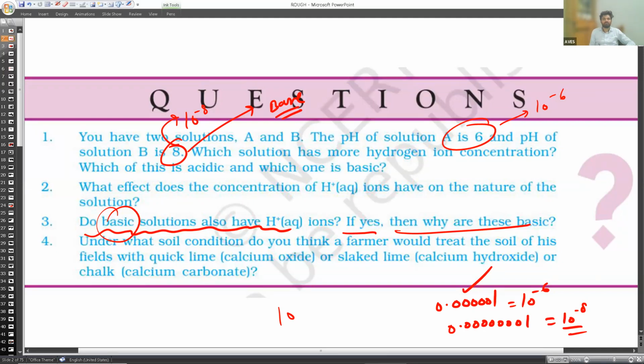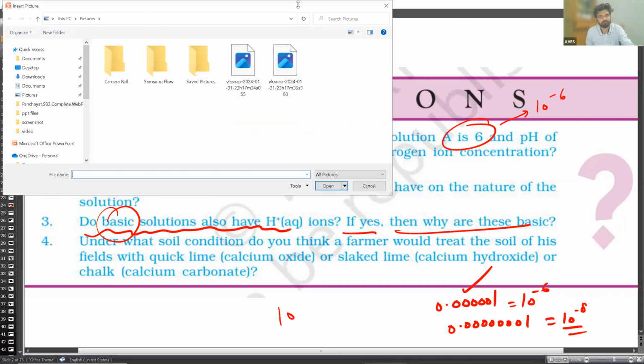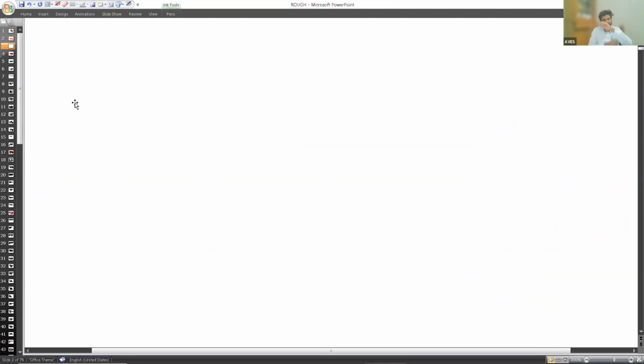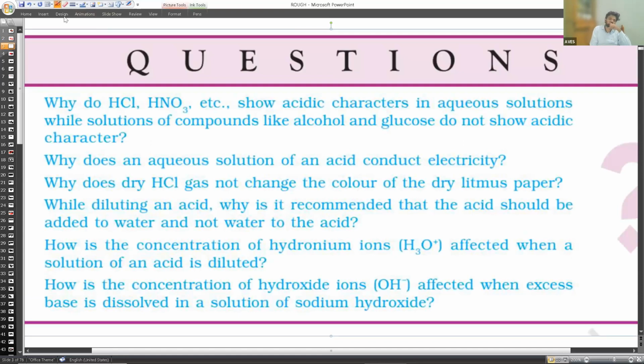Now one more question: what would be the effect on dilution? So just a minute. Note this one.